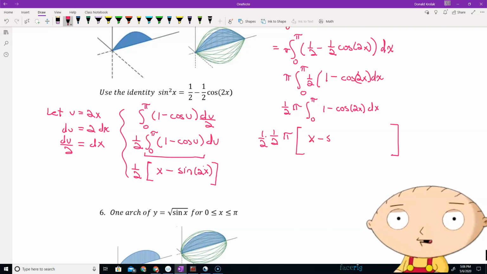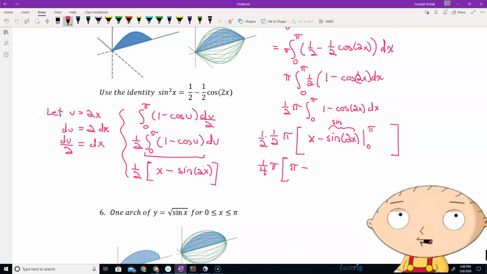And inside I have x minus sine 2x. And I want to evaluate that from 0 to pi, substituting in pi.